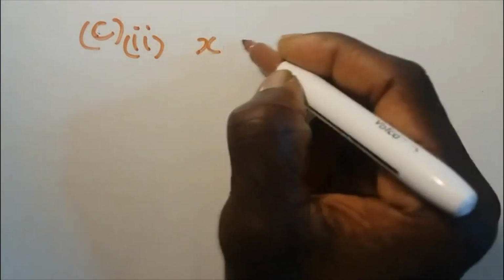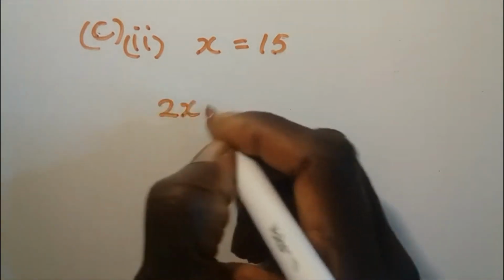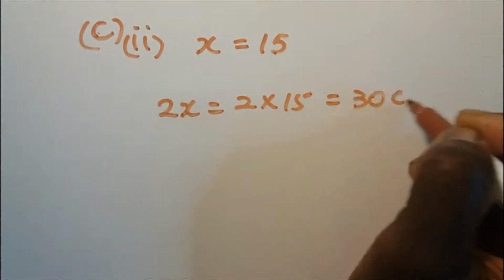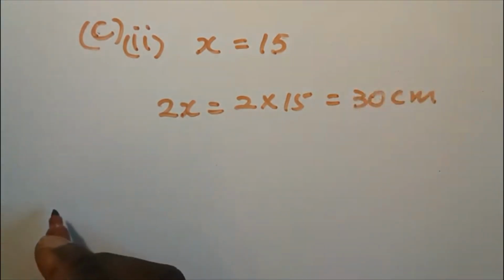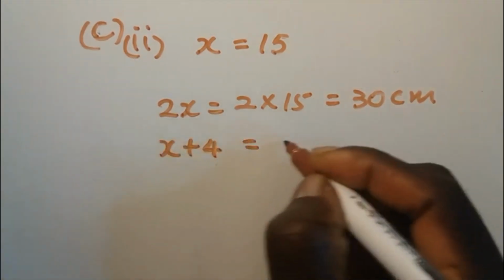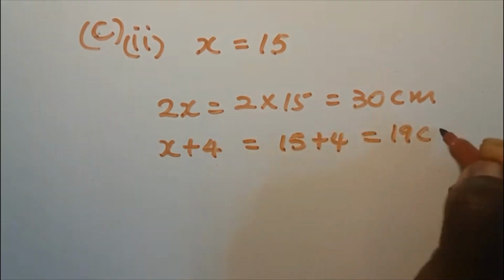In 2I of part C, we also write down the external dimensions of the box. But now we know that x equal to 15 is a valid solution. We can now substitute for x in the dimensions. So 2x is equal to 2 times 15, which is equal to 30 centimeters. X add 4 will be equal to 15 add 4, which is equal to 19 centimeters.